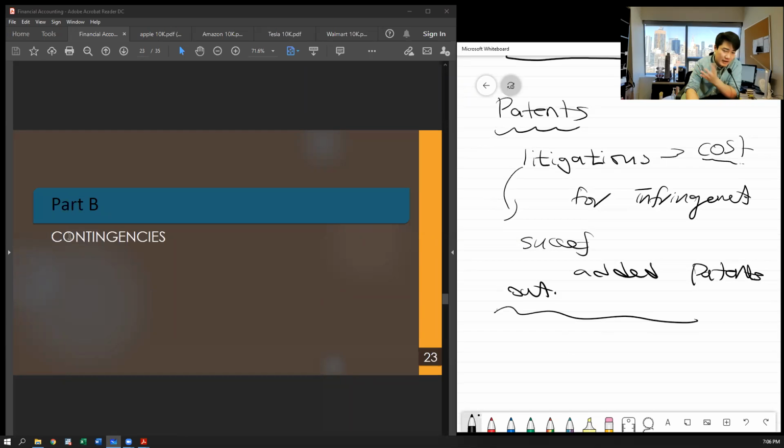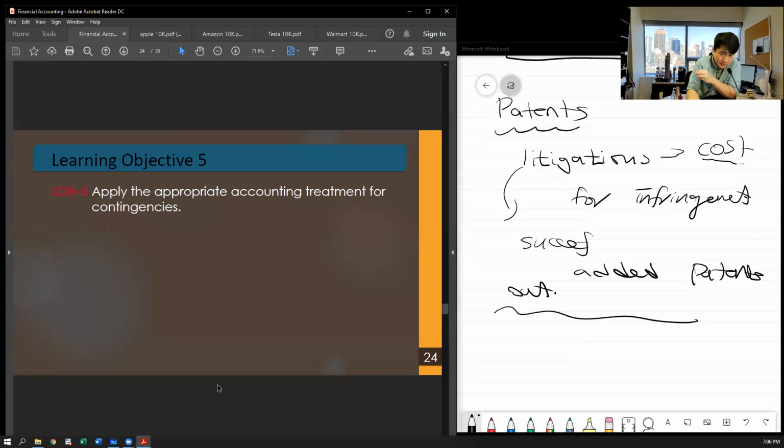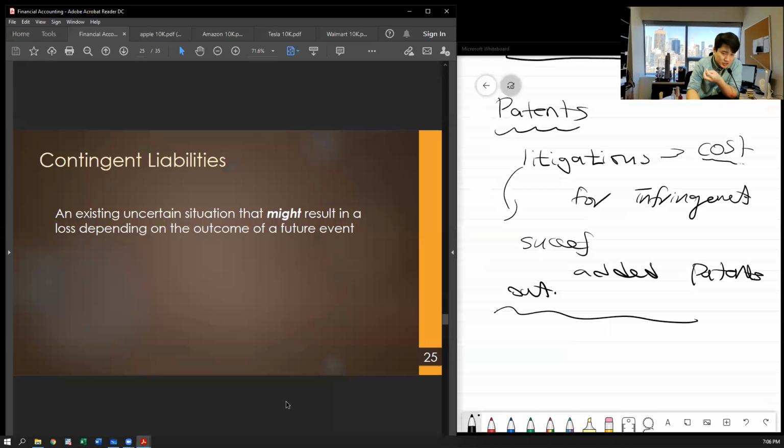And that falls under contingencies, as you can see right here. So in this section, we're going to talk about how companies report their contingencies, or not report them, depending on the accountant's judgments.